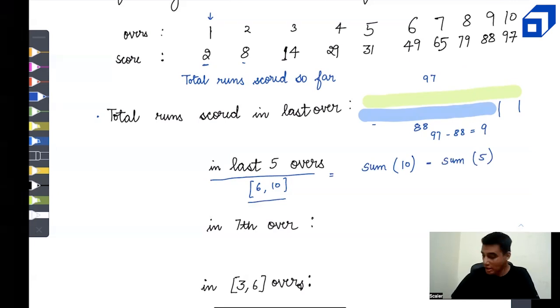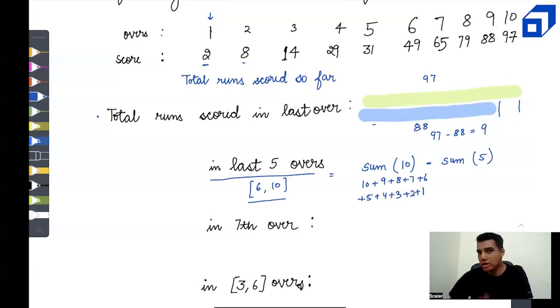How is it giving me that? Because the total number of runs scored in the first 10 overs is giving me the sum of the runs scored in the 10th over, 9th, 8th, 7th, 6th, 5th, 4th, 3rd, 2nd, and 1st over.